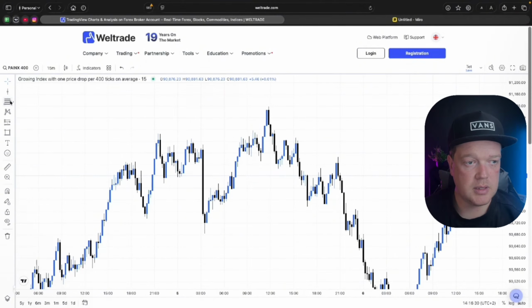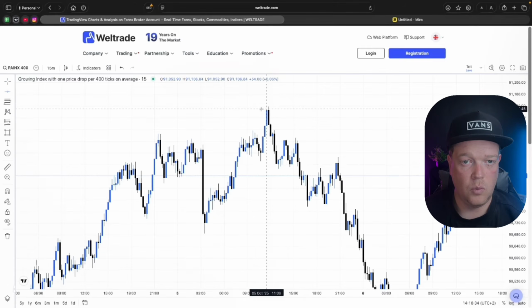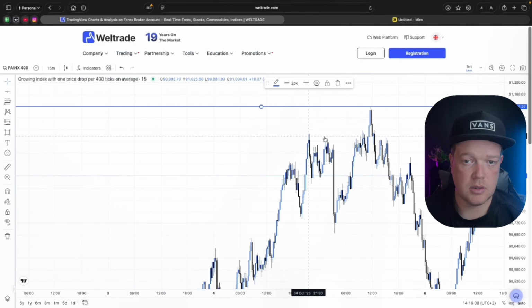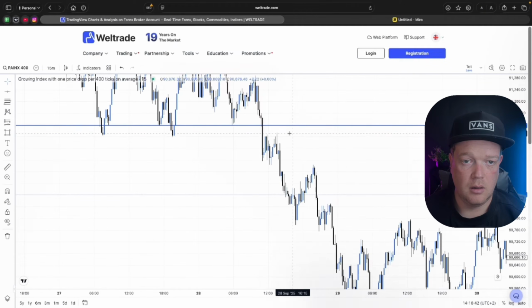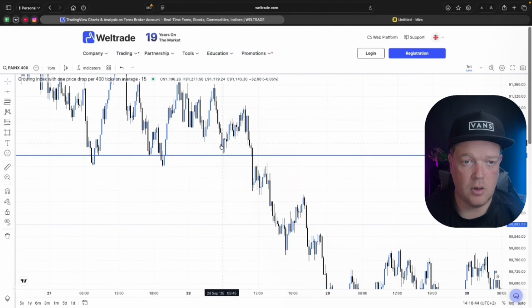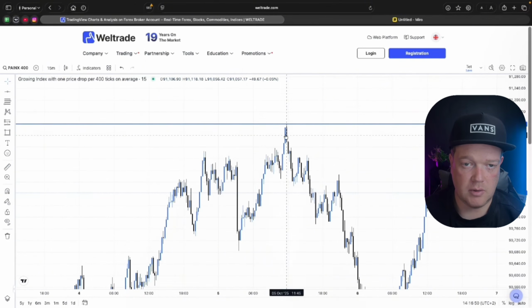Let's first see, when we look at this right over here, where did this high react from? It reacted from a nice fair value gap on the low, and this was a nice resistance zone right over here. That's where price reacted from.